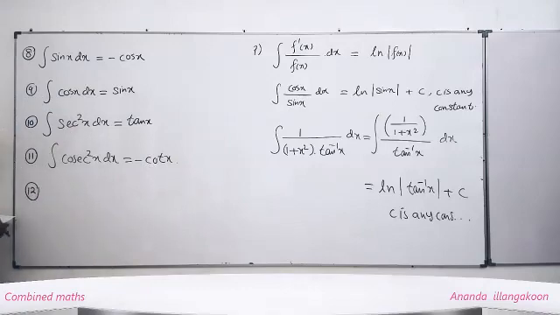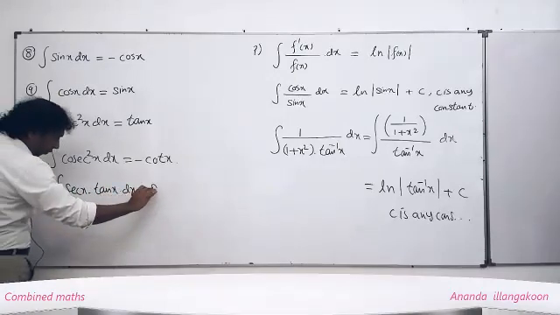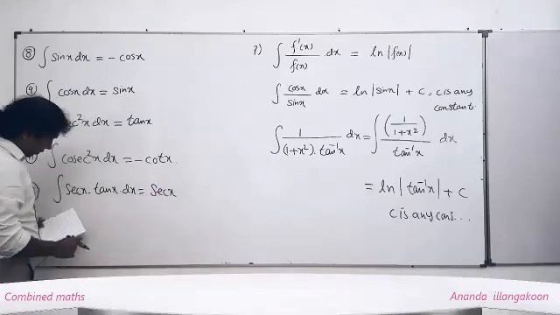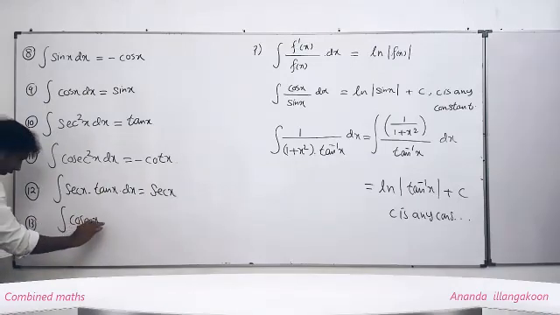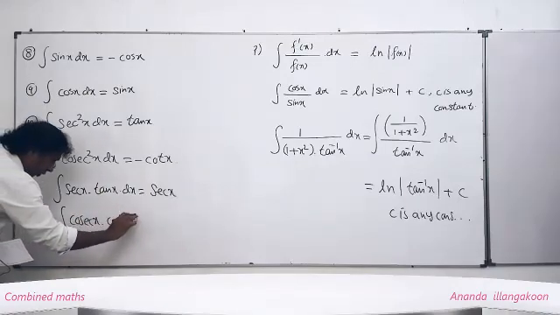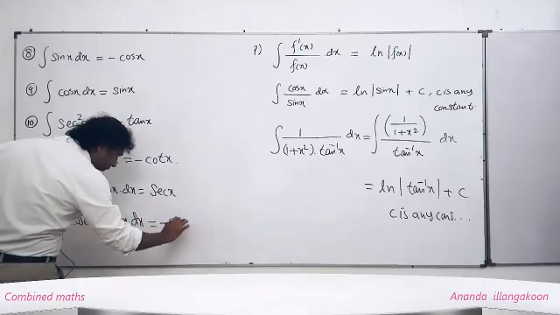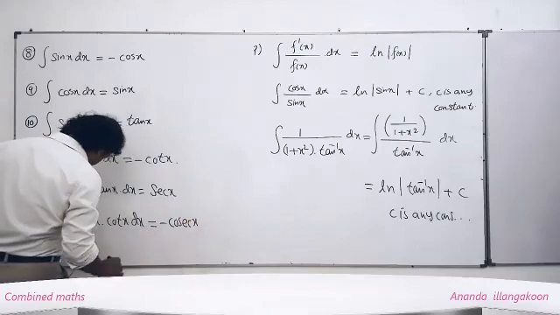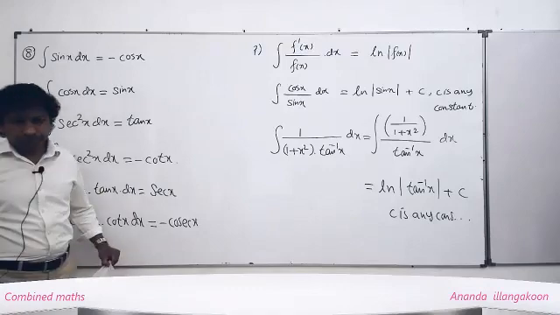Number 12. Integration of sec x tan x with respect to x. This is sec x. Number 13. Integration of cosec x times cot x with respect to x is minus cosec x. Right.